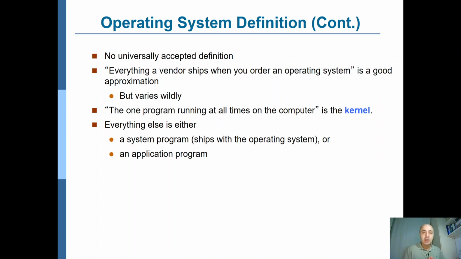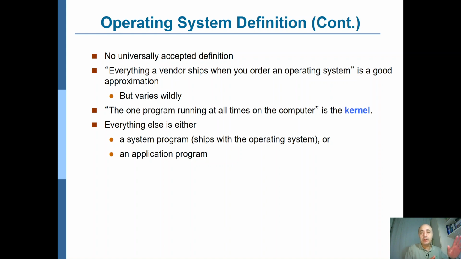Doesn't matter. For example, if you want to use Linux, say Fedora, you just download Fedora. It's a huge image file, a CD image. Whatever comes in that CD image, you could regard as the operating system.